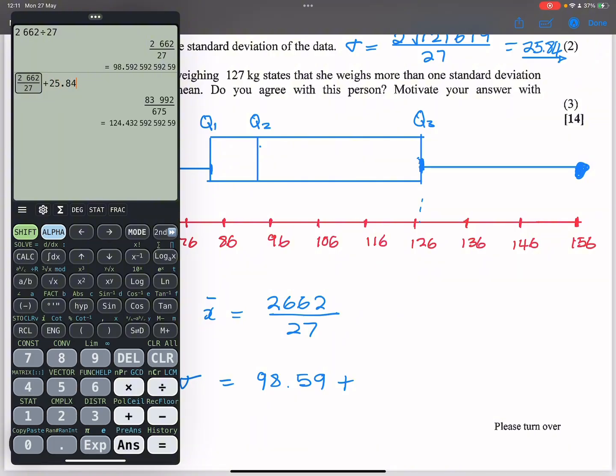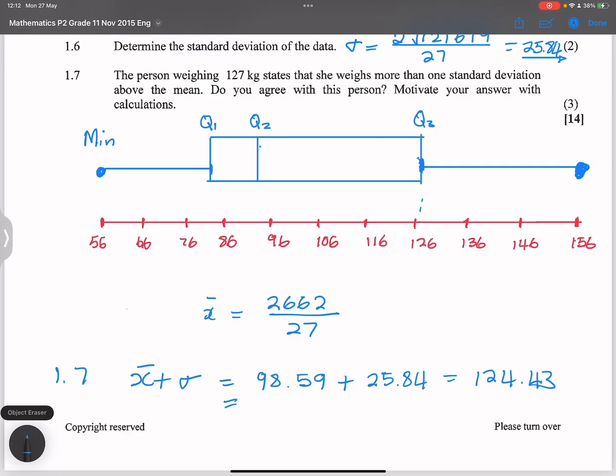And I get a value which is 124.43. I know that I rounded off a bit. This is one standard deviation above the mean.